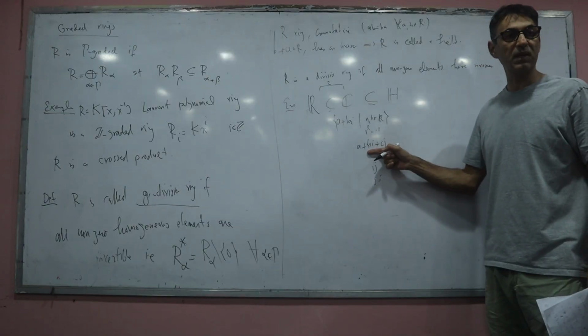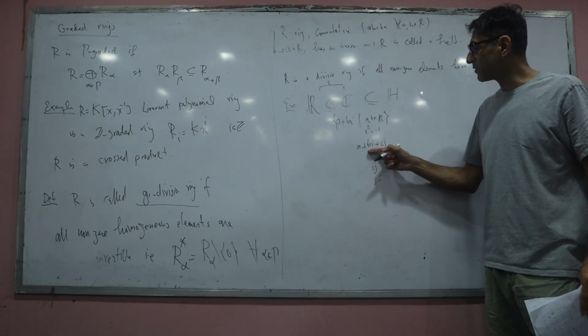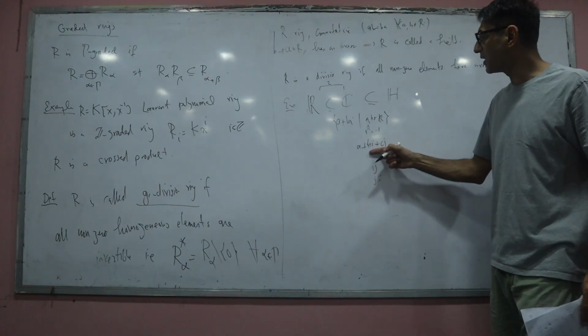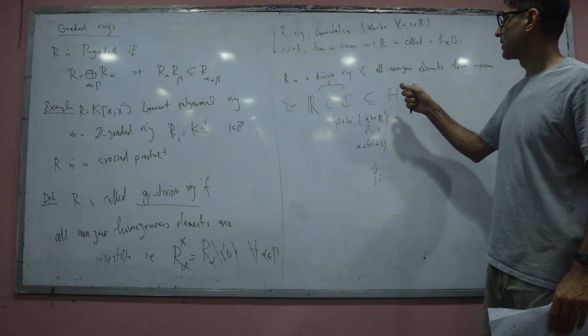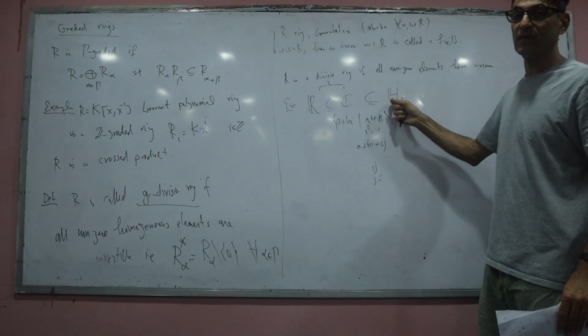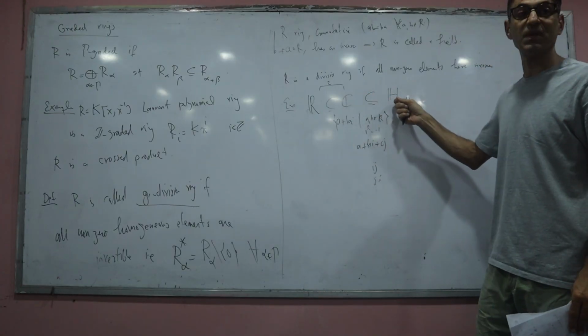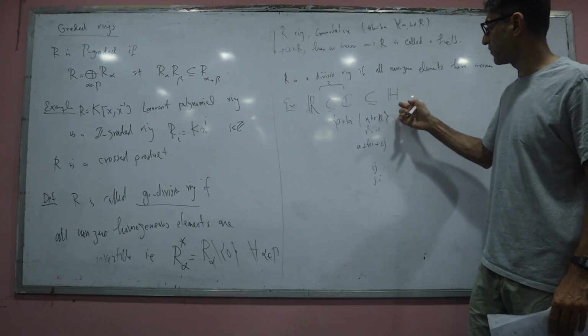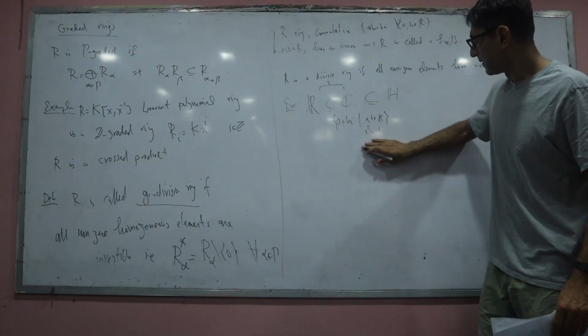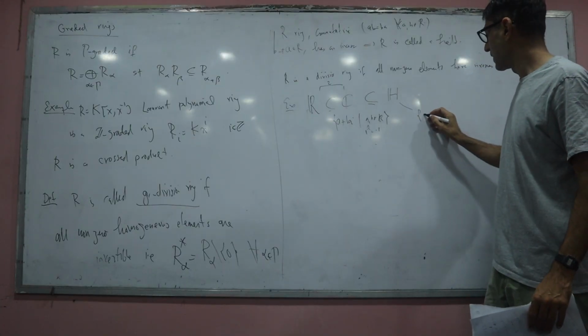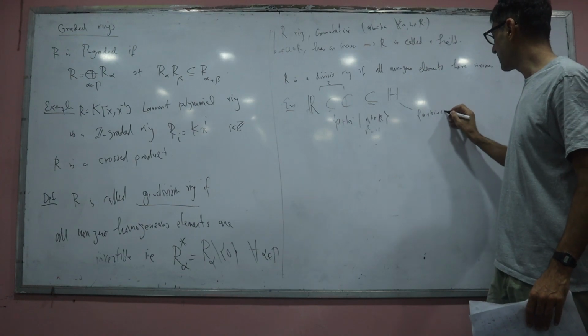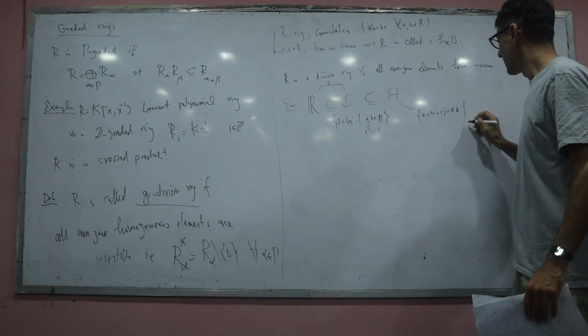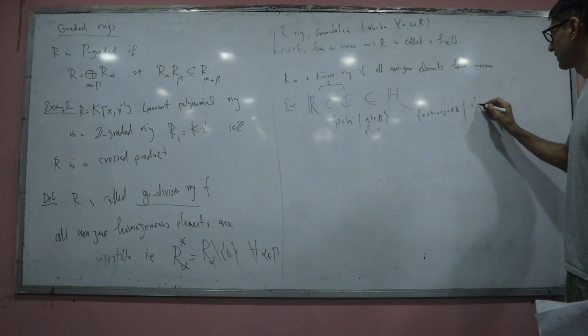He couldn't come up with any field. And then finally he realized that in fact you cannot construct a field of dimension 3, you have to go one dimension higher, so it has to be 4-dimensional. So this has to be a plus bi plus cj plus dk, and these are the relations.